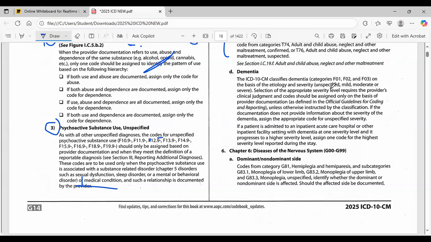If the stage of the dementia is not mentioned, you have to use unspecified dementia. And if the stage of dementia is documented, you have to use a specific code based on the documentation. Now I'm going to send you one question for this chapter. We will do that question first, then we will move further.